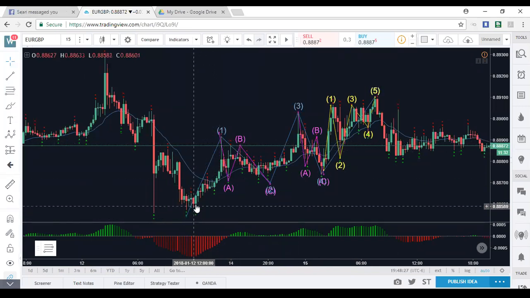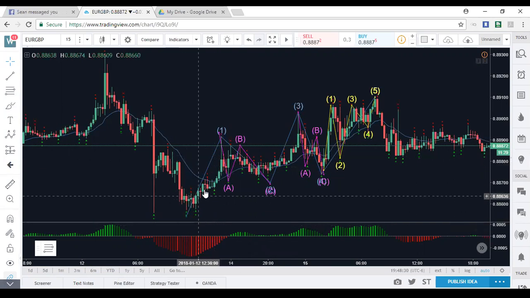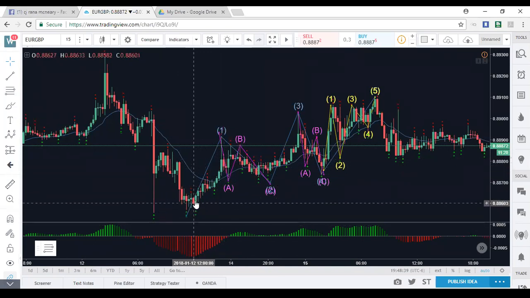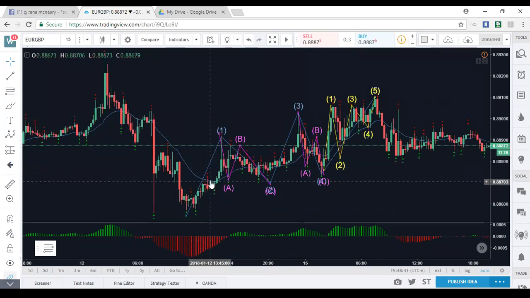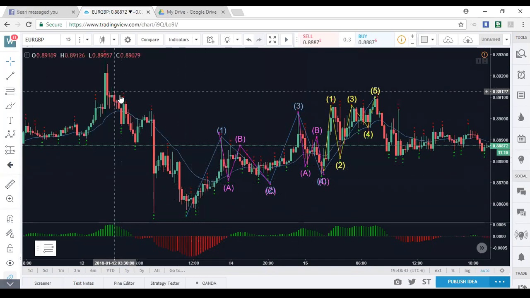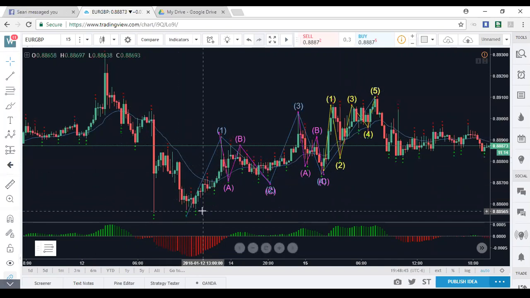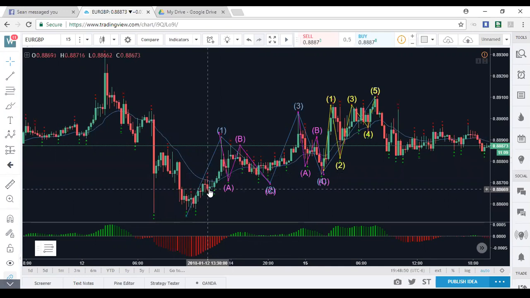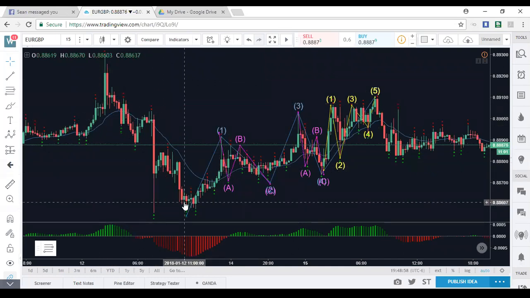Wave one typically isn't going to be this pronounced. It's usually kind of choppy, but it still drifts up because it's wave one. The reason why it drifts up and it's choppy is because again, this downtrend is ending. All right, this downtrend right here is ending. So it gets people psychologically. The choppiness gets people to sell.